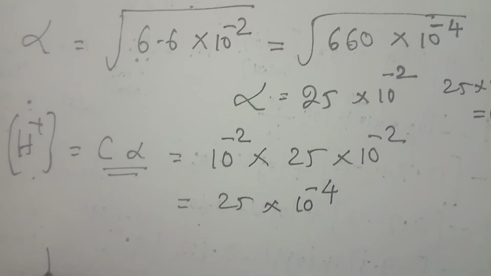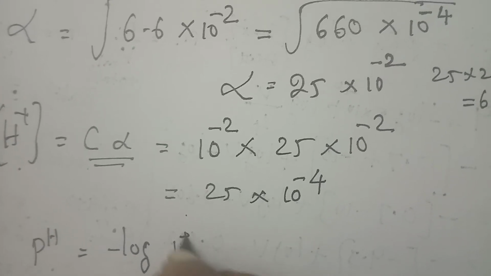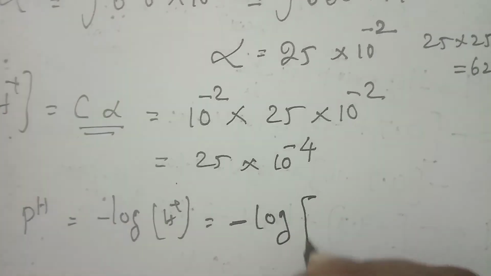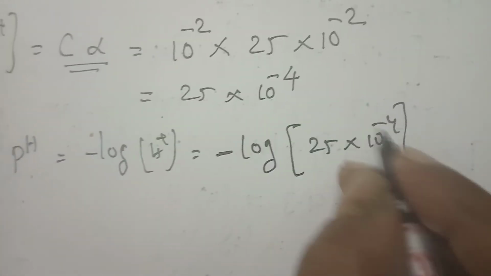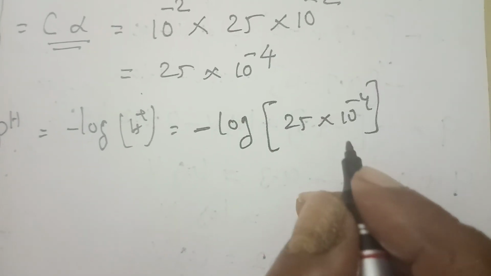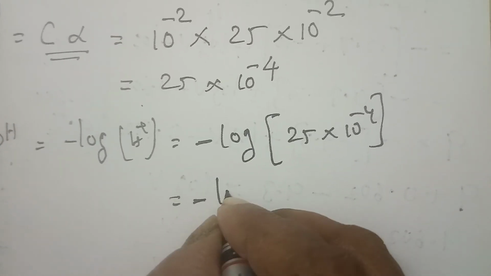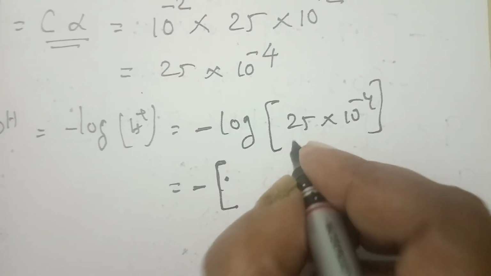Okay, what we want is pH, which is equal to negative log of the hydrogen ion concentration, equal to negative log of 25 into 10 power minus 4. Each time we cannot find the log of 25, so you can bring it as powers of 5, a very simple number. So I am writing minus, open the bracket, log 25, which you can write as 5 square.